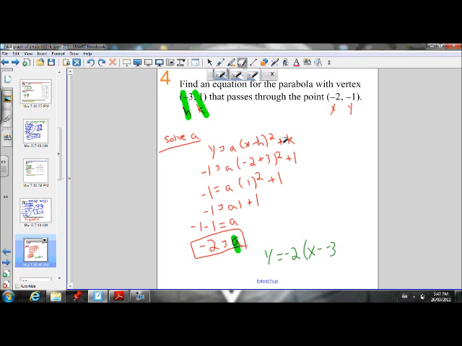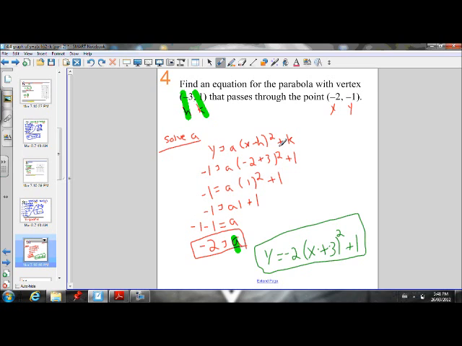We know that subtracting a negative changes to a plus, so plus 3, squared. And our k value is +1, plus 1. There is the equation of the parabola that has vertex -3, 1 and passes through the point -2, -1. Okay, so we've done 4 examples of that.